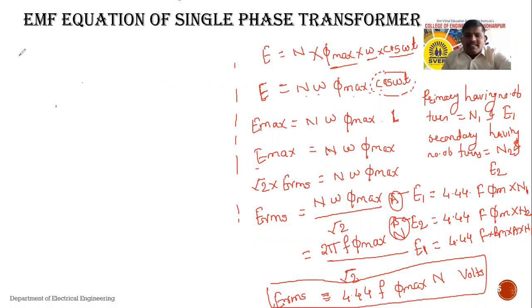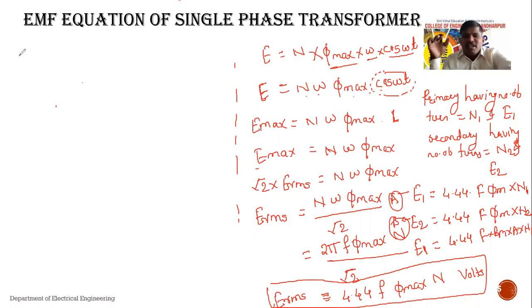Now, from this EMF equation of the single phase transformer, we will derive the voltage equation, or the transformation ratio.